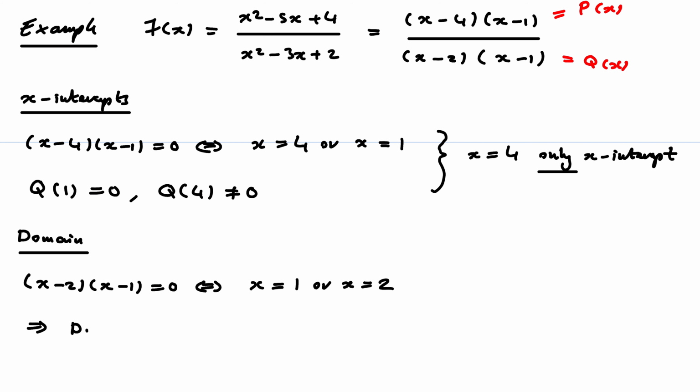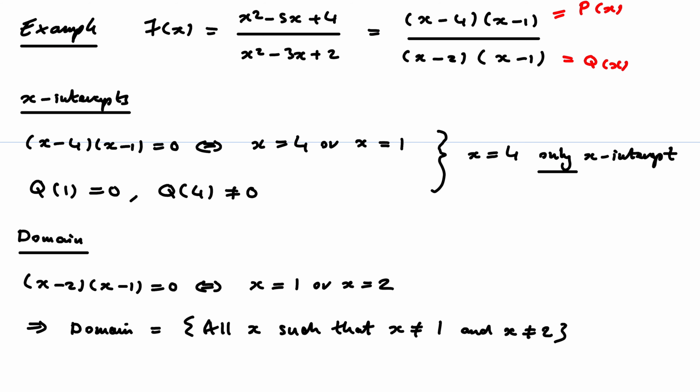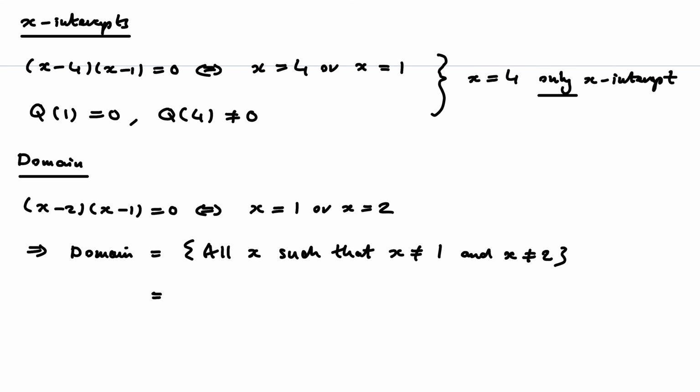The domain is all x such that x is not equal to 1 and x is not equal to 2. If we want to write this in interval notation, it's the open interval from minus infinity to 1, then 1 to 2, all open, then union 2 to infinity. All open, you don't want to include 1 or 2.